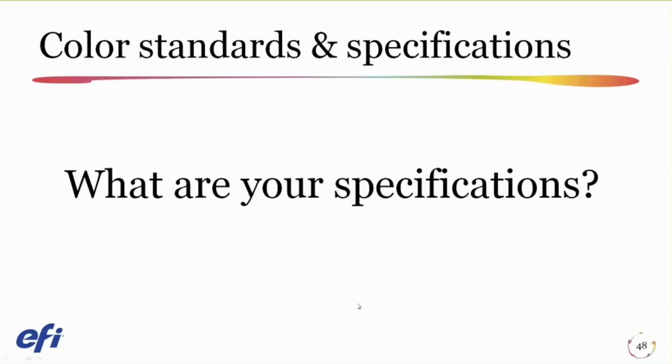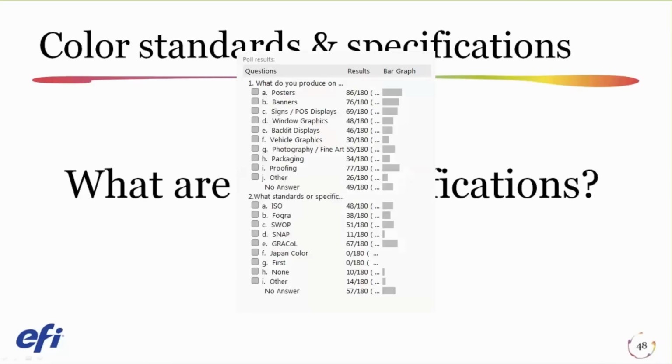So, what are your specifications? We had a poll at the beginning. Carrie, do we have the results? I'm sharing what we got. So it looks like as far as what people produce, there's a wide variety here. And with the specifications, we have a good number on GRACOL, SWOP, and ISO, and then a smattering of others.